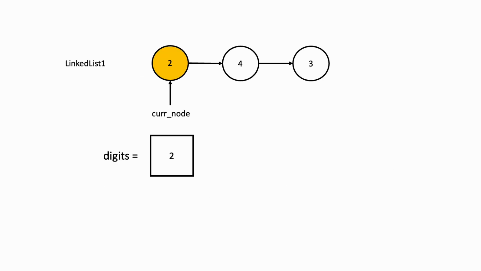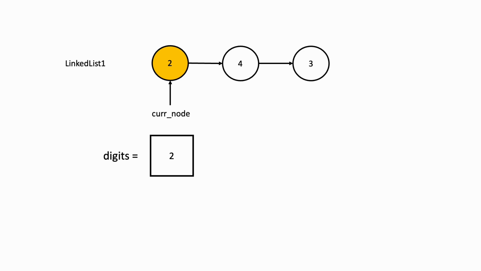Let's understand how we will achieve the solution that we discussed for the previous test case with the help of some visualization. Because the integer is stored in reverse order, we will iterate through the linked list and store the numbers in a digits array. We do this so that later we can traverse through all the elements of the digits array in reverse order to construct the integer in sequence.